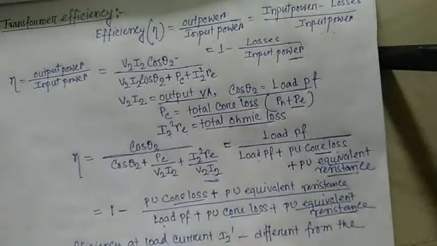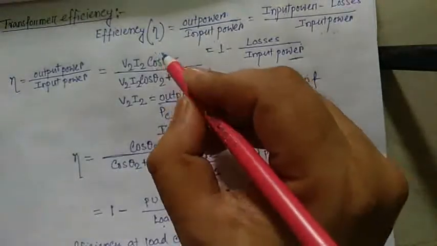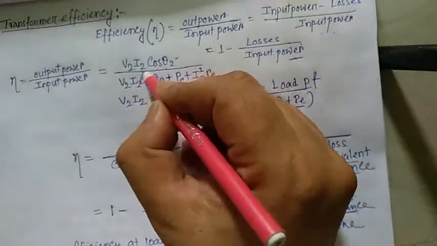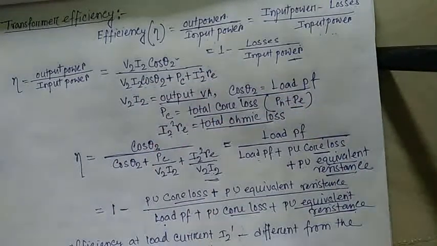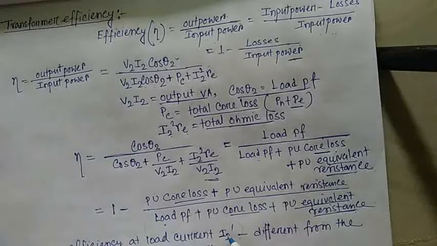Now I take the load current here as I2. Now suppose another different current, I2 dash.